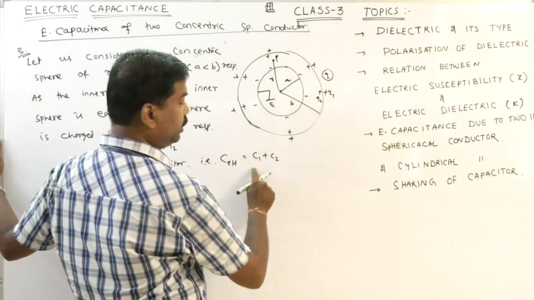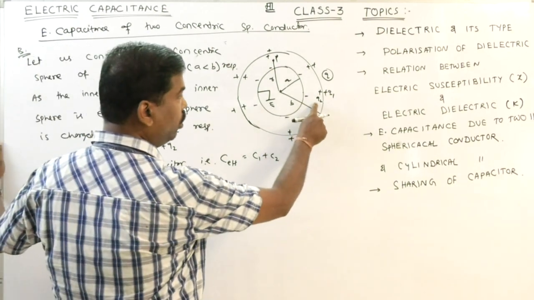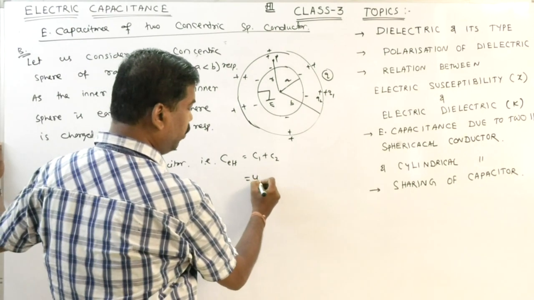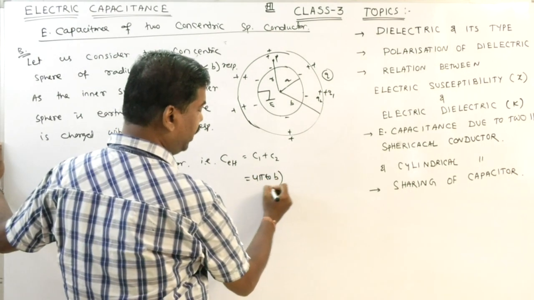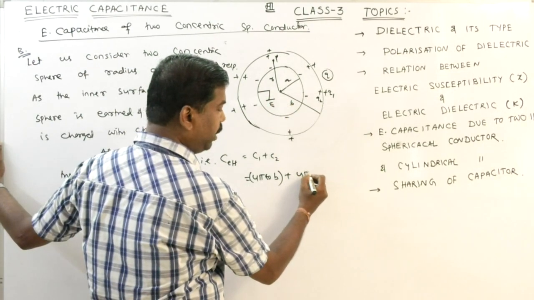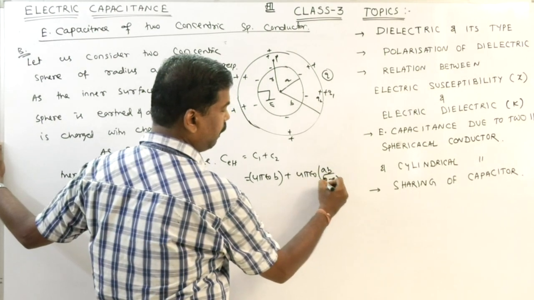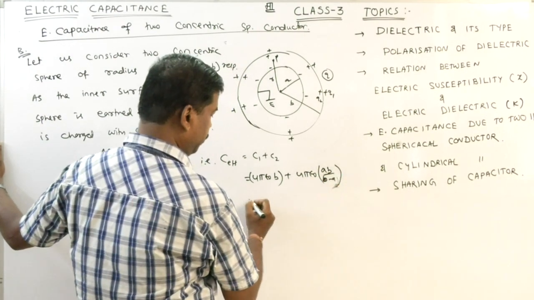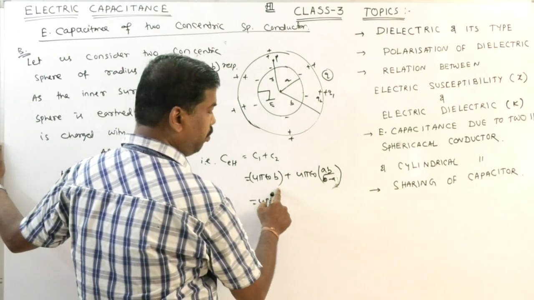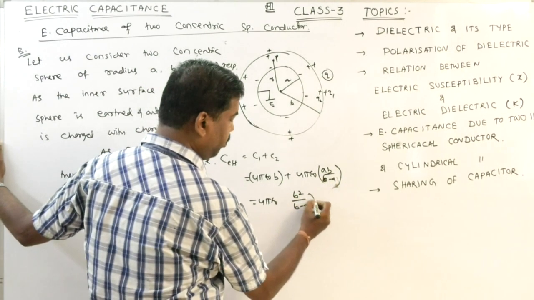C1 due to outer and C2 due to inner. So the outer surface is 4 pi epsilon 0 B, while the inner surface behaves as the first one, that is 4 pi epsilon 0 AB by B minus A. That is 4 pi epsilon 0 common, B square minus AB plus AB cancel out. It is found to be B square by B minus A.